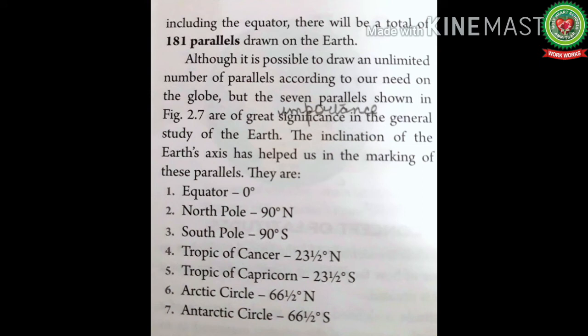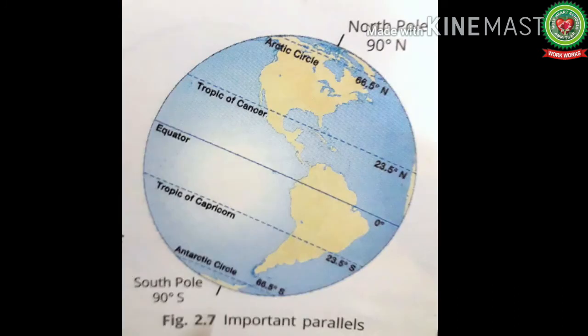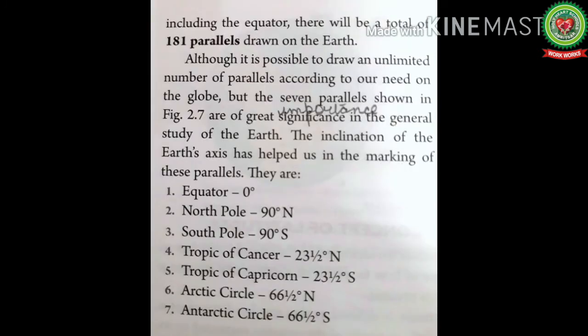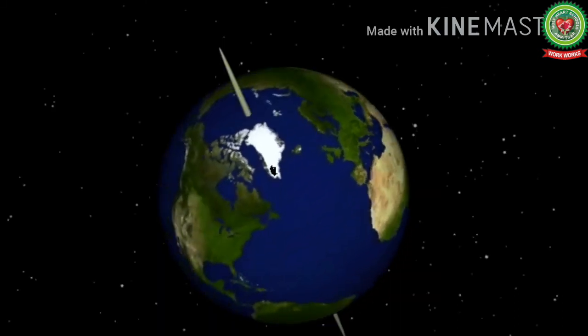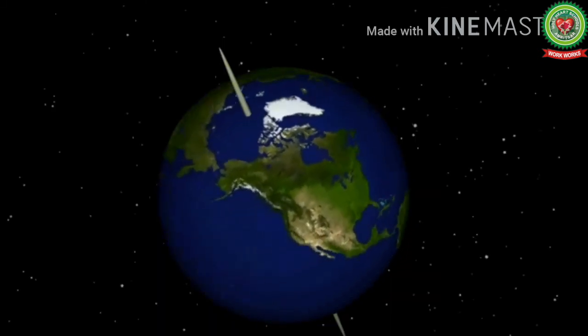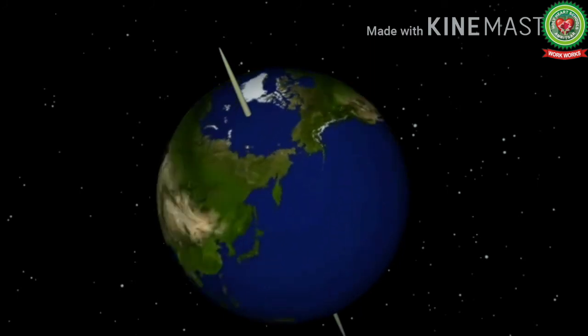Although it is possible to draw an unlimited number of parallels according to our need on the globe, the 7 parallels shown in figure 2.7 are of great significance. Significance means importance in the general study of the earth. The inclination, meaning the degree of sloping of the earth's axis, has helped us in marking these parallels.